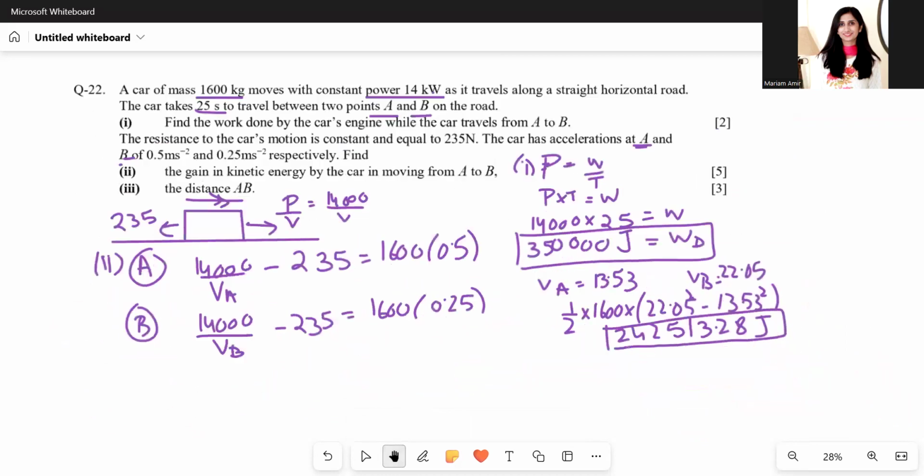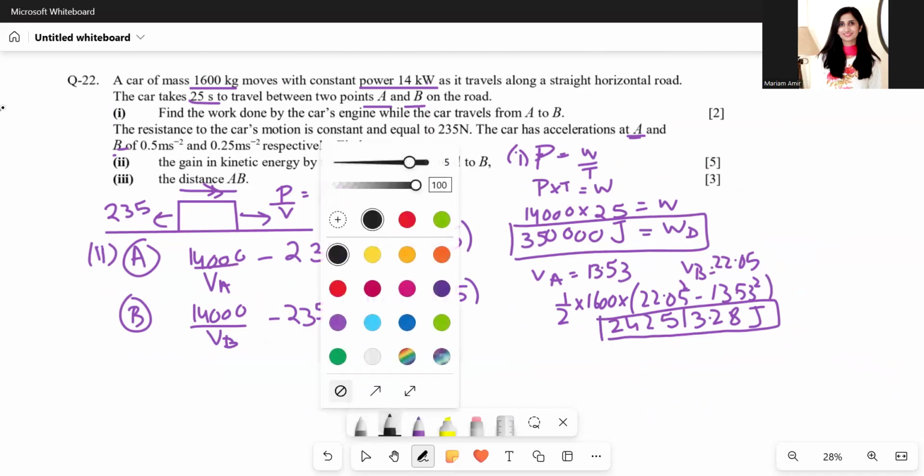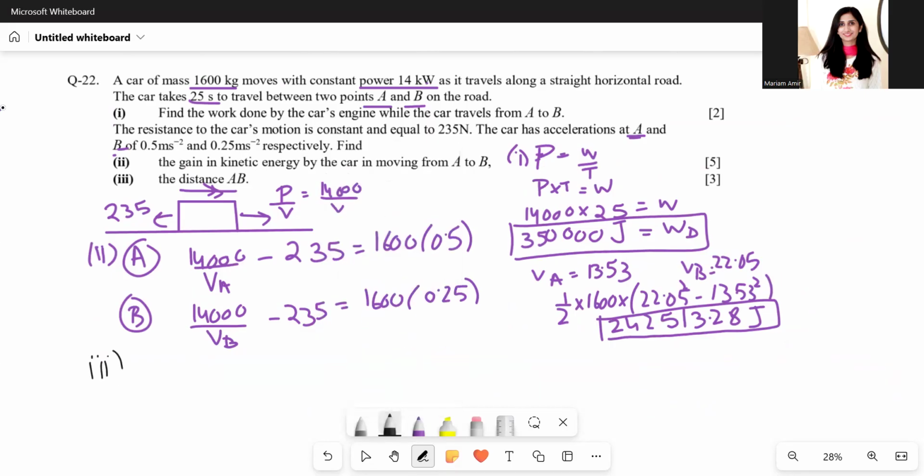Part 3 says find the distance AB. Now I'm going to use the work energy principle, which is work done by driving force plus gain in energy is equal to work done by resisting force plus loss in energy.